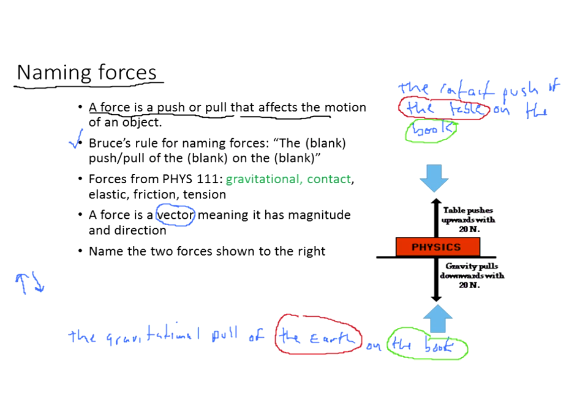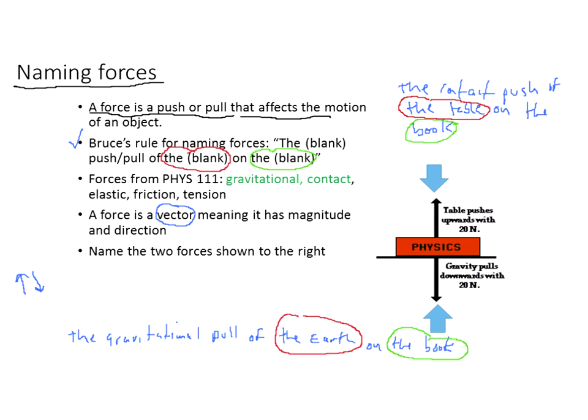So I should have been more strategic with my circling here. So the object that the force is being exerted on and the object that's doing the pushing or pulling.